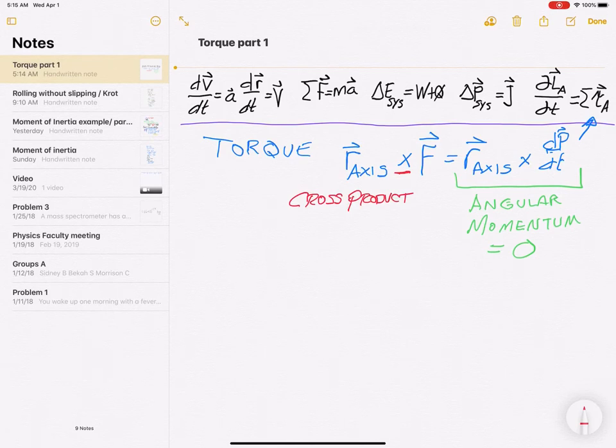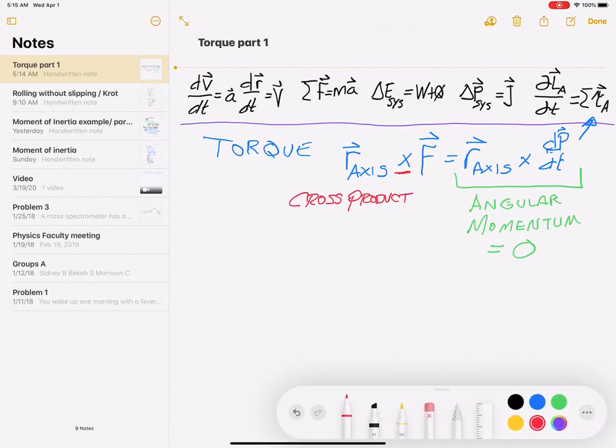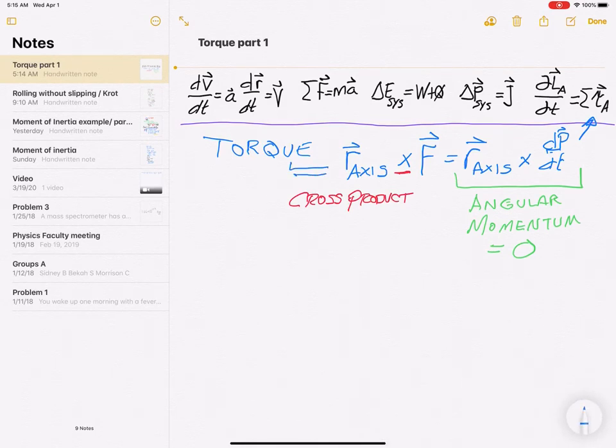We use it because we're less interested in the magnitude, like we would with the dot product, and more interested in the direction of the rotation that's going to be caused. The cross product inherently builds in that piece of the puzzle. Okay, so torque is just equal to R cross F.